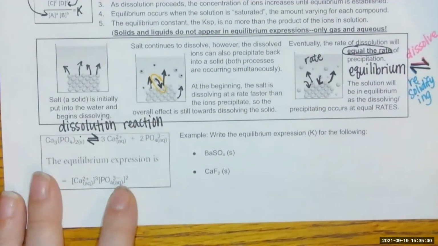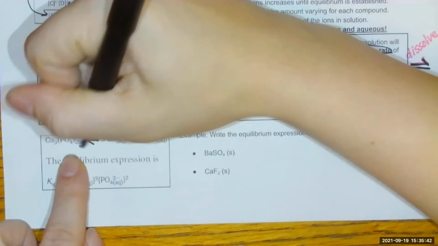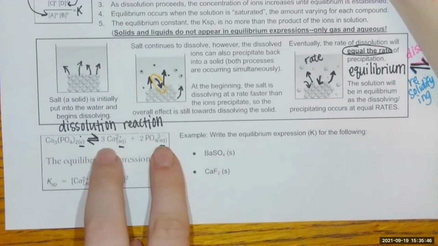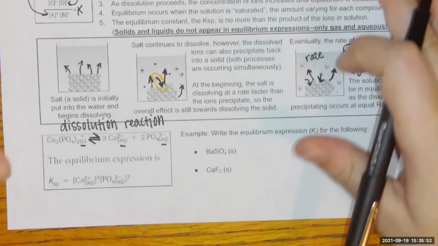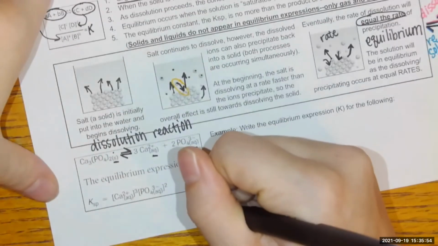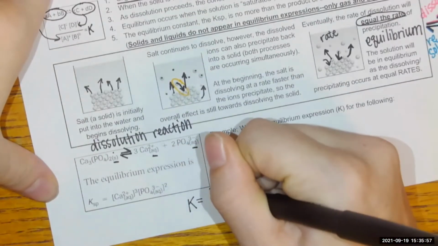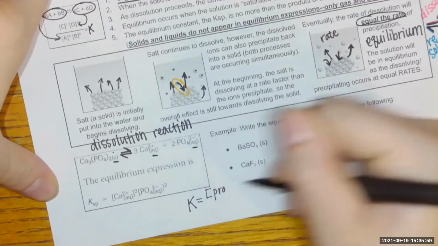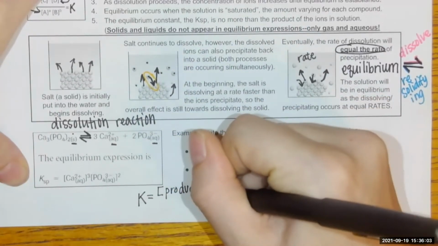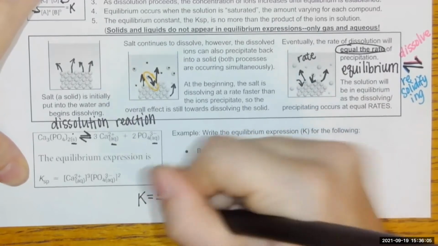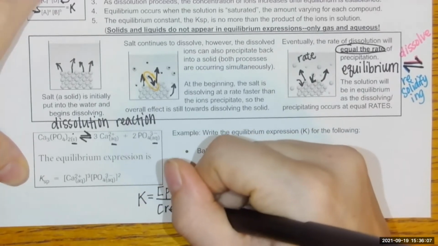It's a reaction that's showing how its solid form dissolved, just broke apart. The equilibrium expression is always, here's your template: K equals concentration of products over reactants.